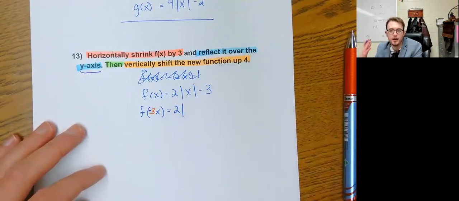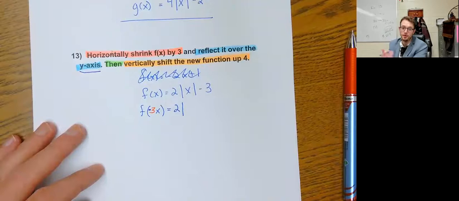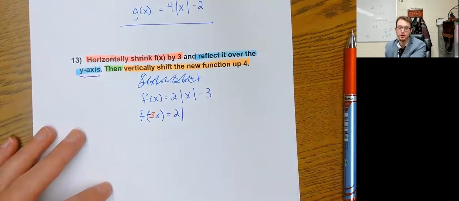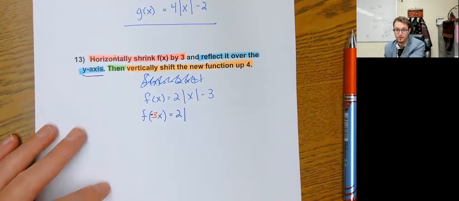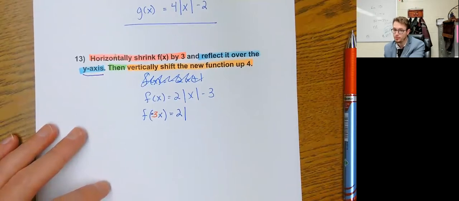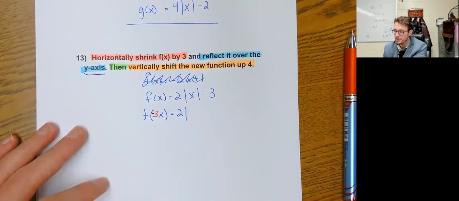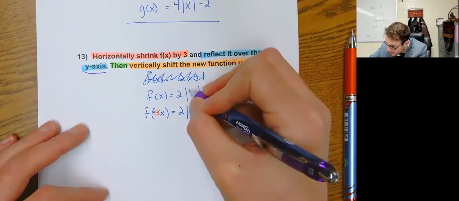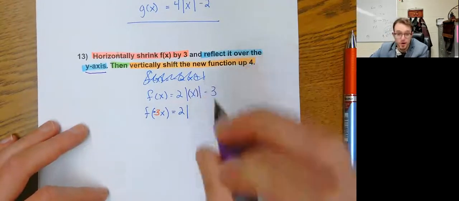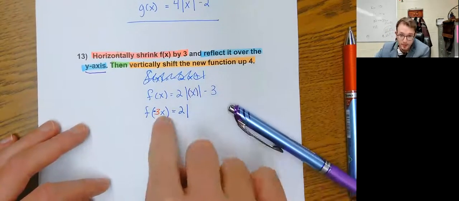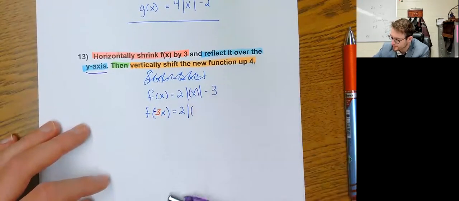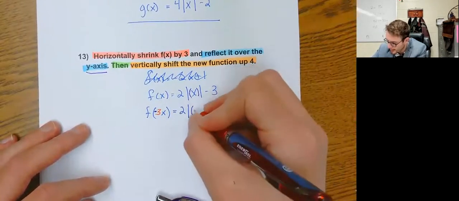Now, for the sake of talking about how we need to put parentheses around the input when we do something to it, I will put parentheses around it, even though it doesn't matter. So let's put parentheses and then negative 3x.